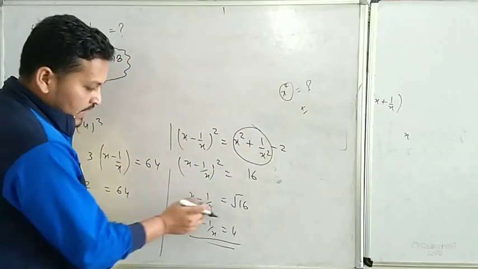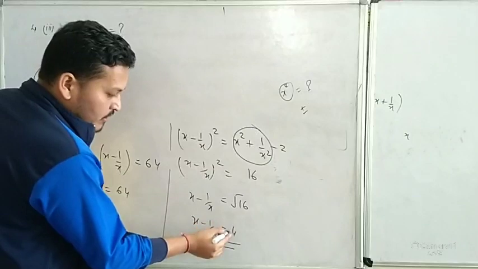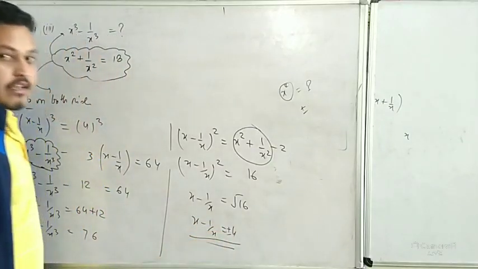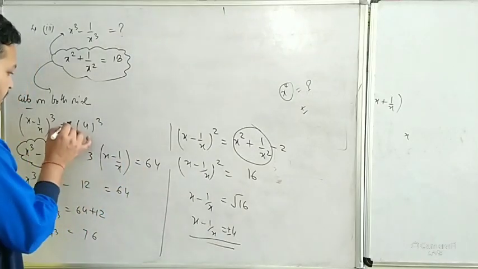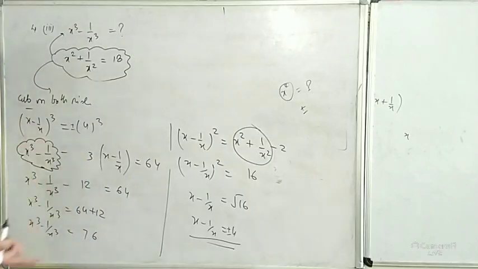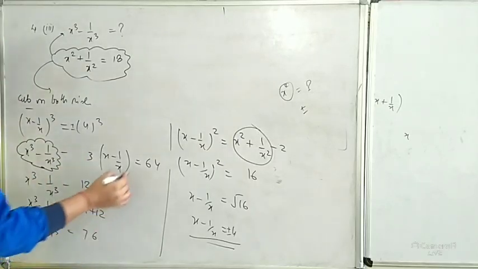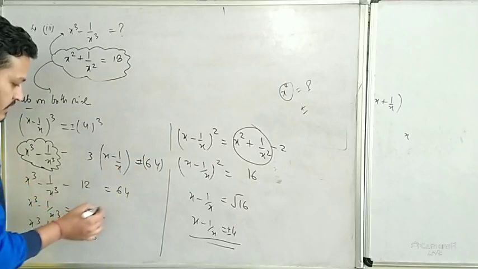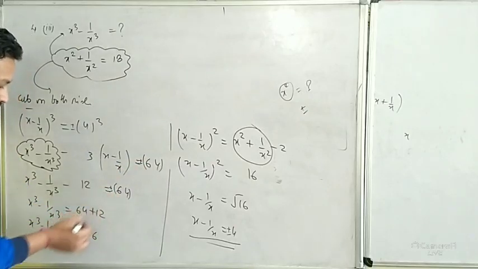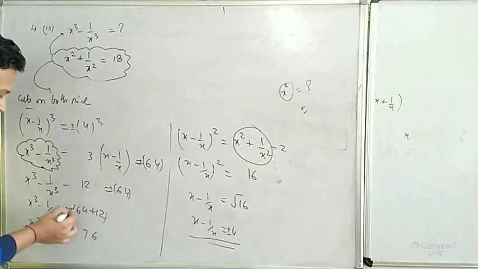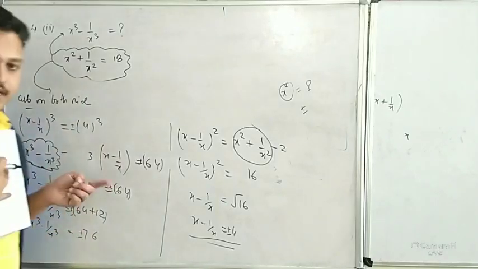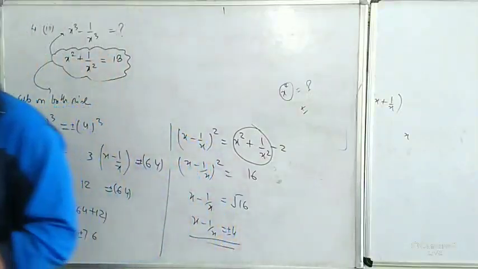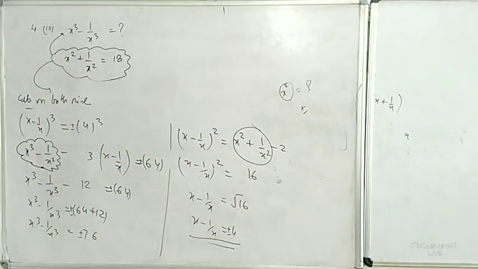When you remove this root from here, positive and negative, plus value and minus value will come. So this is plus minus, meaning one time we take plus, one time minus. Same here, also plus minus. Then finally our answer will be plus minus, meaning one value will be positive 76 and the second value is negative 76. Okay, hope you understand this thing.